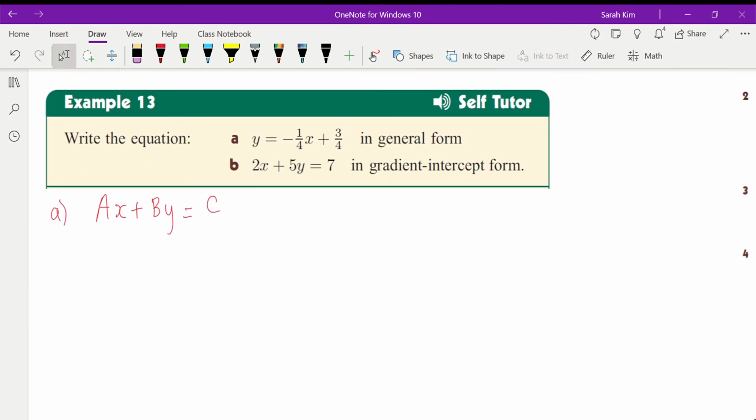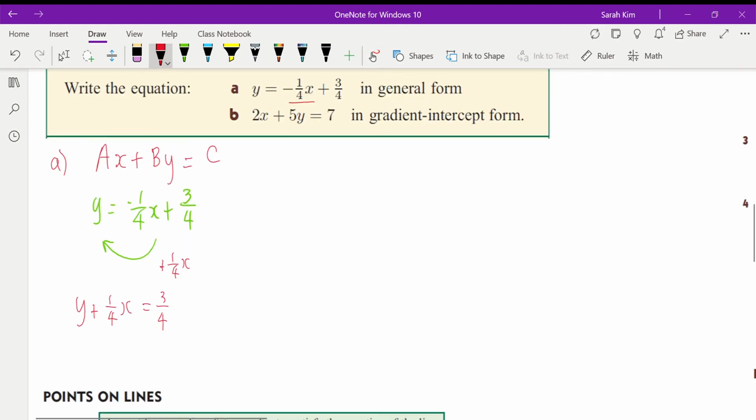So let's copy this down first. I have to make sure my x is on my left hand side. So what I have to do is the opposite of negative half x, so positive half x. So I have to add it. So it'll be y plus a quarter x equals 3 over 4.